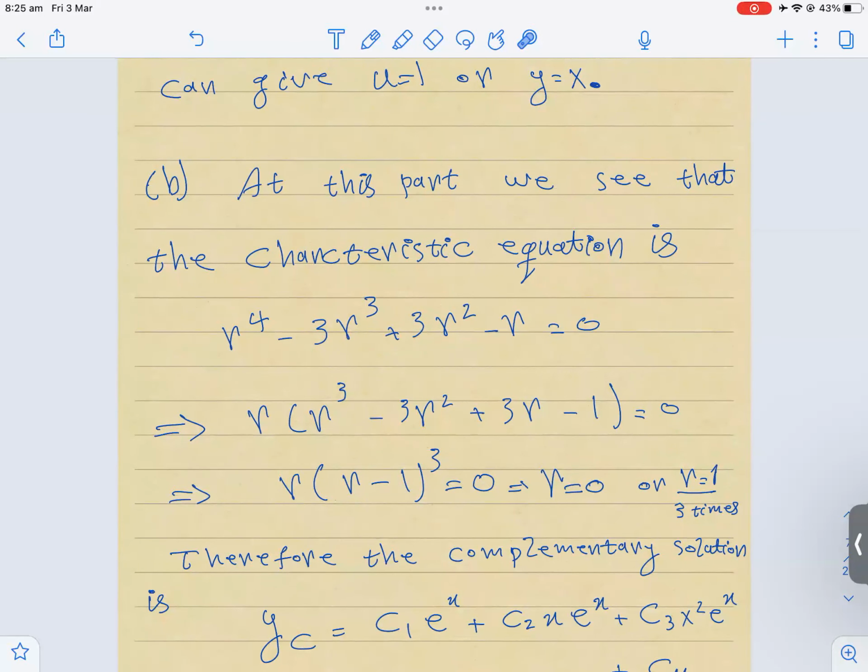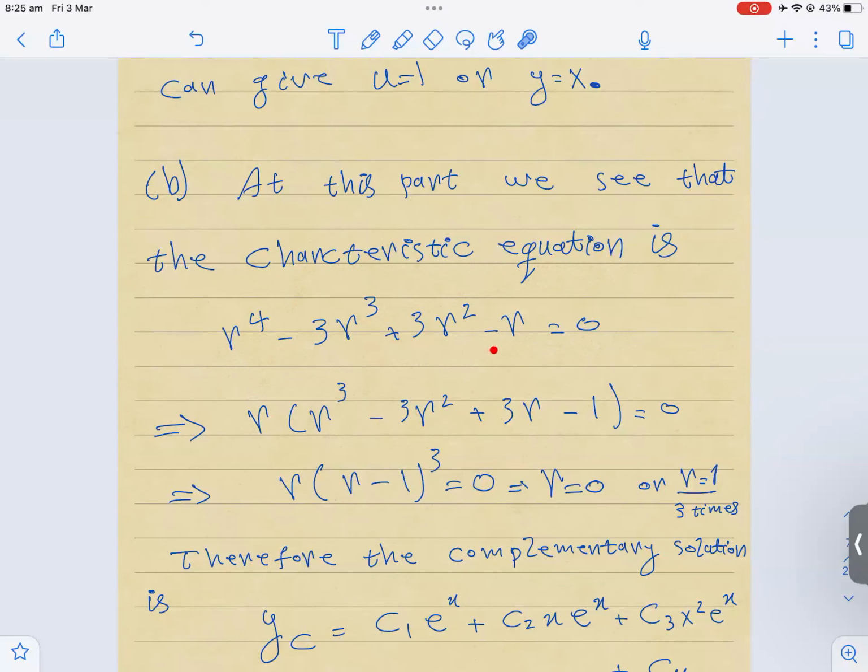Okay, so part B, a fourth order ODE, but it has constant coefficients. So what we do, just quickly, we write the characteristic equation as you see like this. Our job is to understand the roots of this characteristic equation.